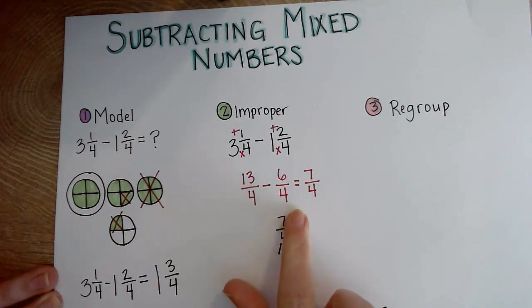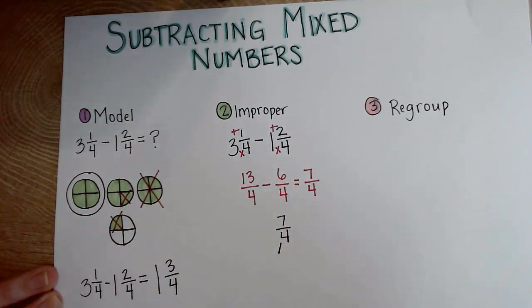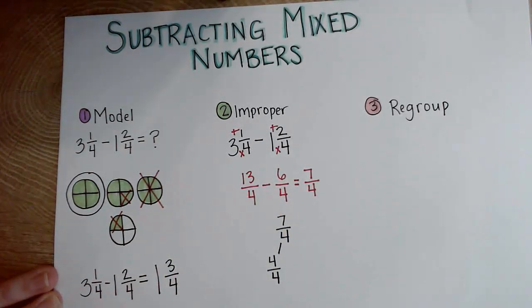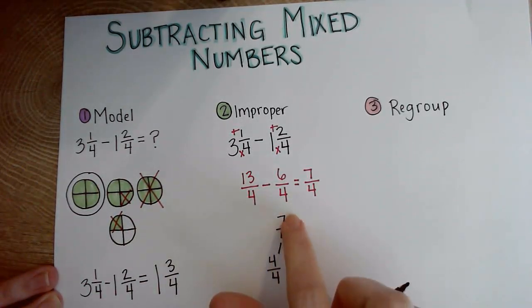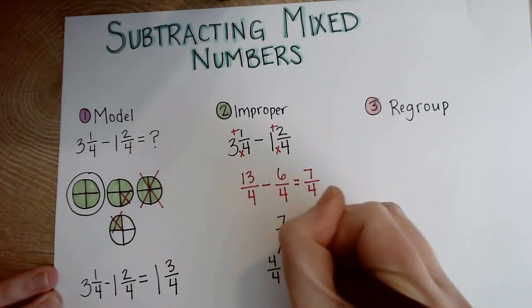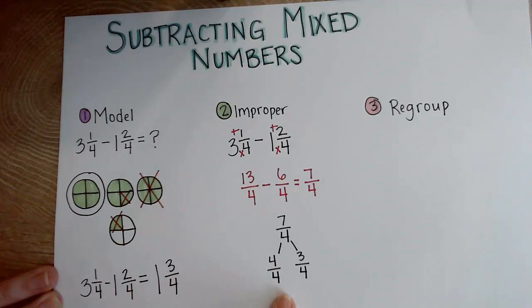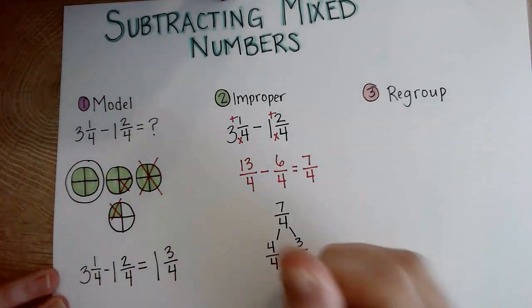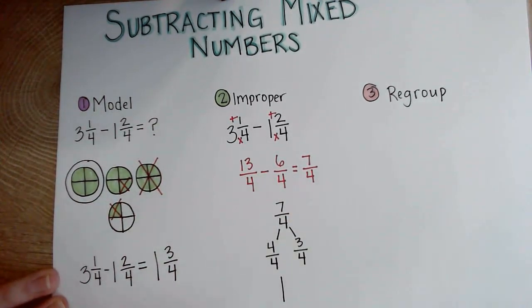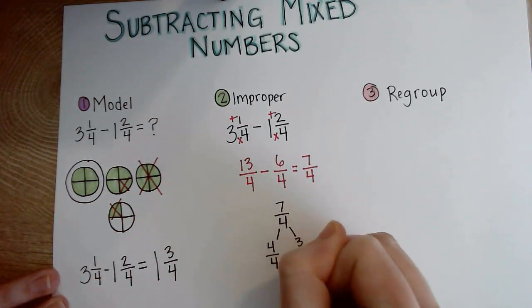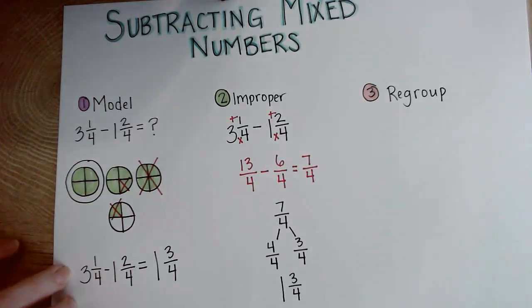So if we have 7 1/4 pieces, I know that I can put 4 of those together to make 1 whole. And if I'm taking away 4 from 7, I have 3 left over. Okay, so 4 over 4, that's the same thing as 1 whole, and then I'm going to bring down my fraction. Okay, so 1 3/4.